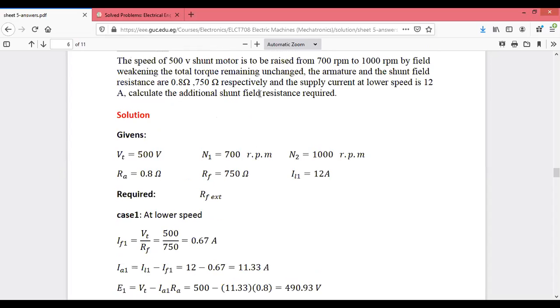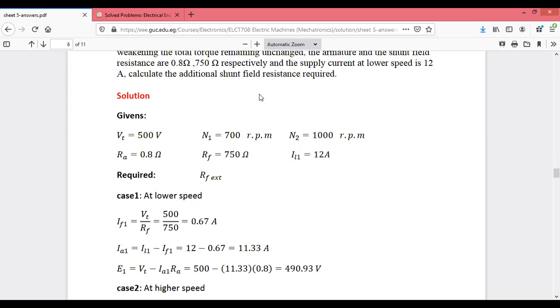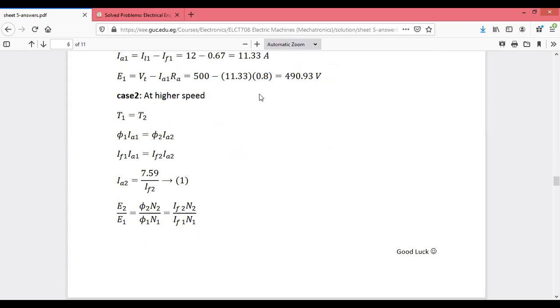And you are supposed to calculate the additional shunt field resistance at higher speed. Here we are not changing the torque, so we can take phi1 Ia1 equal to phi2 Ia2. If you take that equation in the form of field current and armature current, you will get If1 Ia1 equal to If2 Ia2.